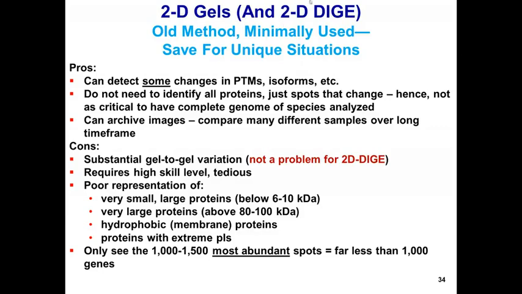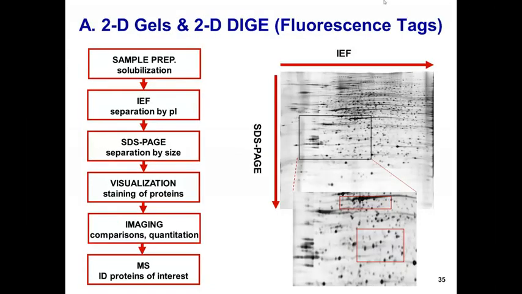Perhaps the most important limitation is that you only see the most abundant spots, on the order of 1,000 to 1,500 spots, perhaps as many as 2,000 on the best 2D gels. However, this is spot number, it's not gene products. The number of gene products can be quite a bit lower because you are seeing multiple forms of some proteins. This is a brief summary of the overall 2D gel analysis.